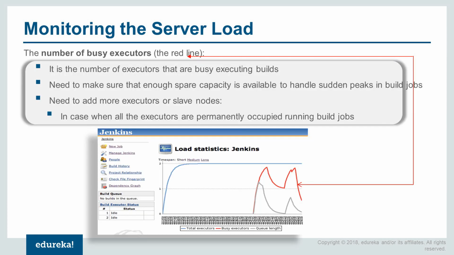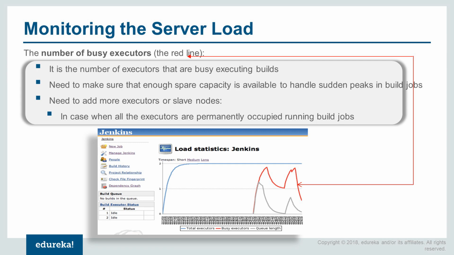The number of busy executors is shown with the help of the red line, and it is the number of executors that are busy executing builds at that point in time. Of course, the red line will be there only for the time period when some job was being executed on any of the executors. So you need to make sure that enough spare capacity is available to handle sudden peaks in build jobs.